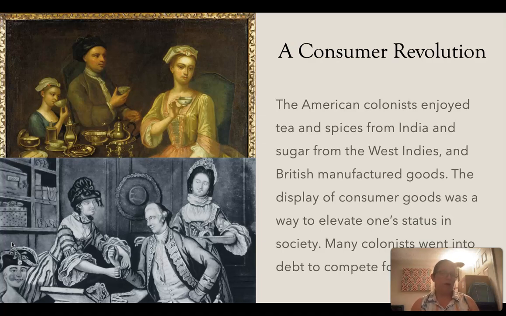The American colonists were consuming the products produced throughout the British Empire, other locations within this vast British imperial system: tea and spices from India, sugar from the West Indies, and British manufactured goods.